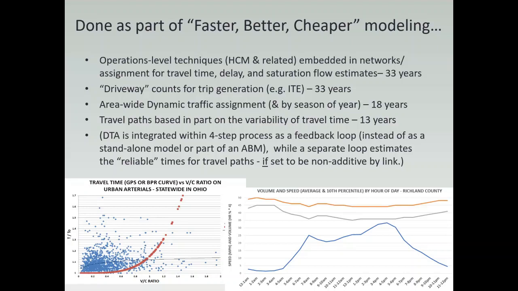Well, the difference between the red dots and the magenta dots that you see over there is telling you just how far away you are from being able to get the modeled travel time right, vis-a-vis what actually happens out there on the roadway.